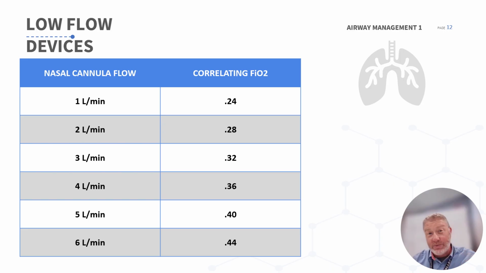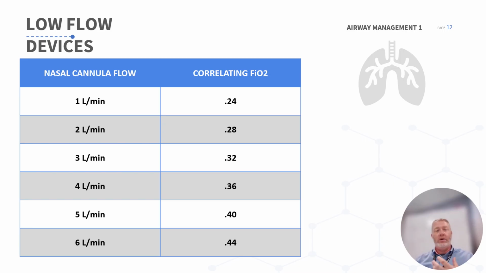We know that inspiratory demand is, in the example I used a little bit ago, it was 30 with a rate of 20 and a tidal volume of 500. So 30 is way higher than 1 through 6. So that patient will be entraining air, room air, 21% room air, around those prongs that are in the nose.